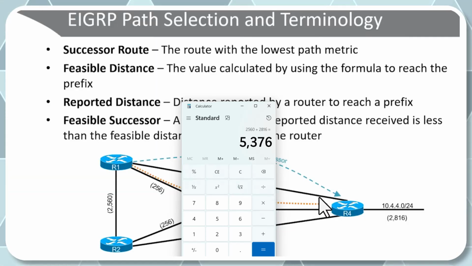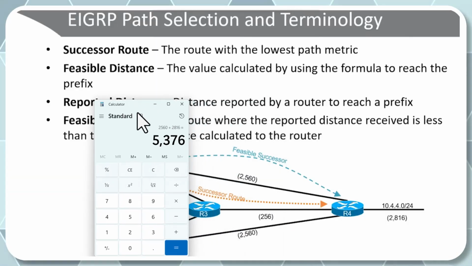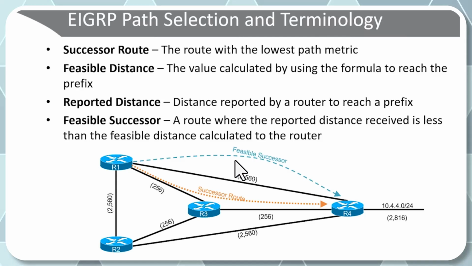For this router, what's the reported distance? It is giving this value 256. So don't get confused, it is giving the lower one basically. So this will be your successor route, and this will be your feasible successor route.